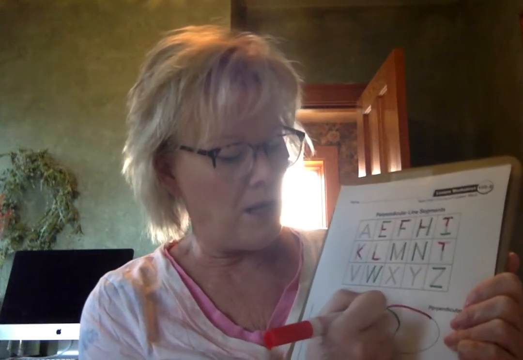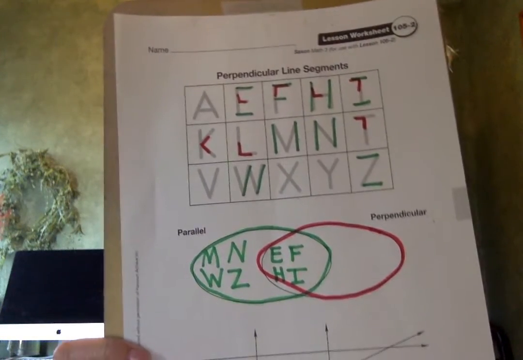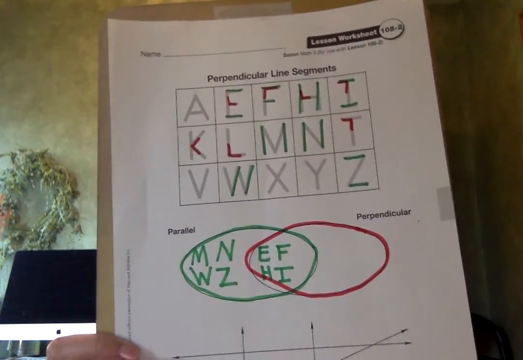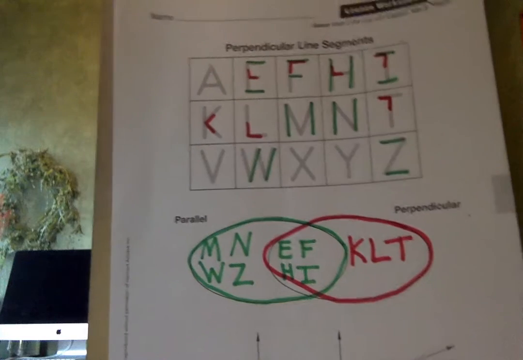All right, now using our red again, we're going to go ahead and trace the perpendicular oval. And the ones that just have perpendicular are K, L, and T.